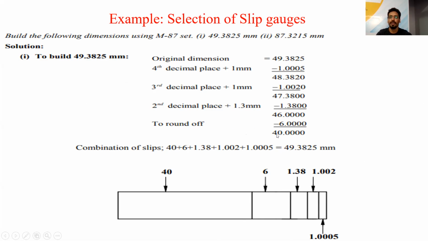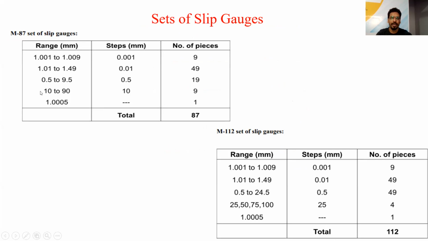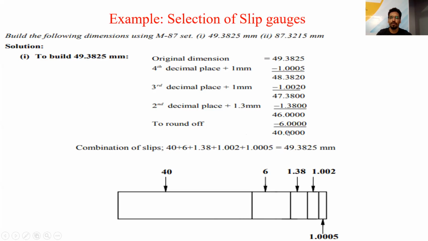We will get 40, and a 40 mm slip gauge is present in M87 directly from this range, 10 to 90. So we directly use 40 mm, and here our dimension is completed.